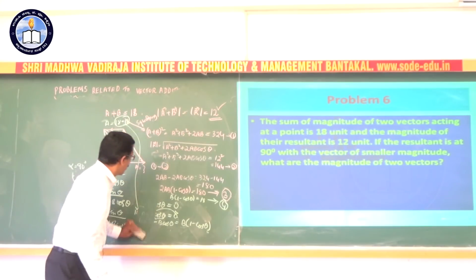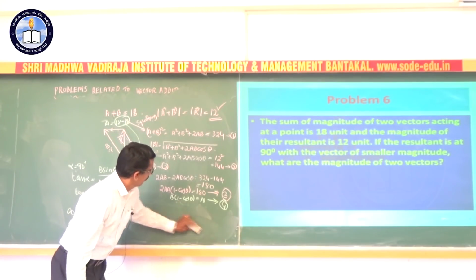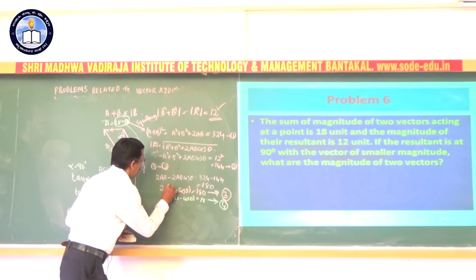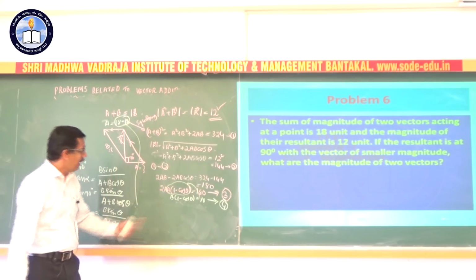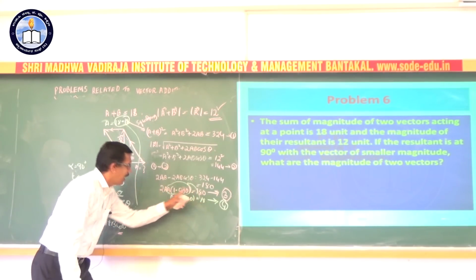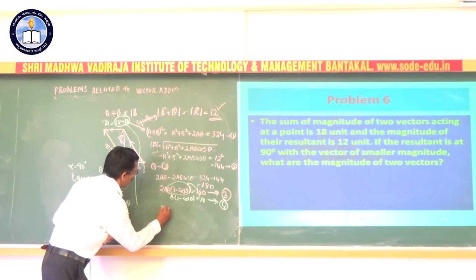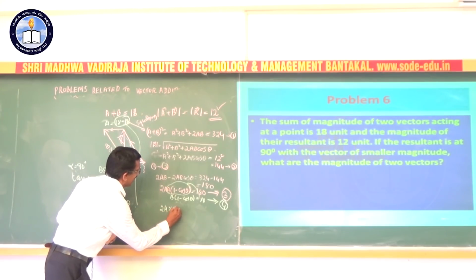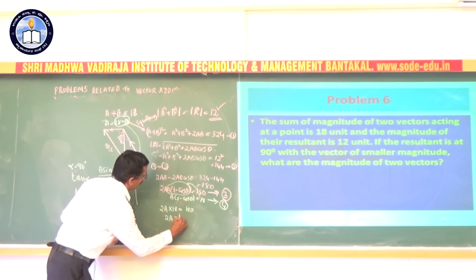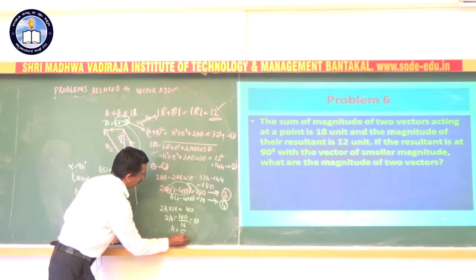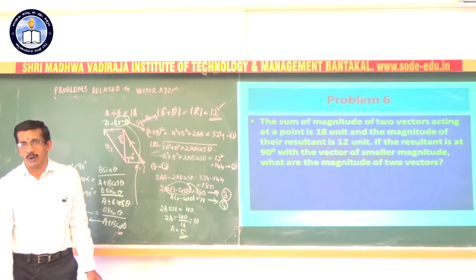Look at equations 3 and 4, and play with these two to get A and B. What you have to do here is, in place of B into 1 minus cos theta, substitute 18. What we get? 2A into 18 is equal to 180, or 2A is equal to 180 by 18, or 10. A becomes 5. Magnitude of one vector we got.